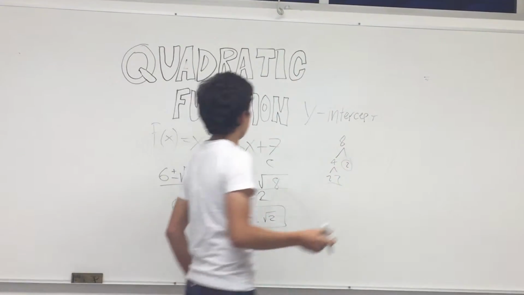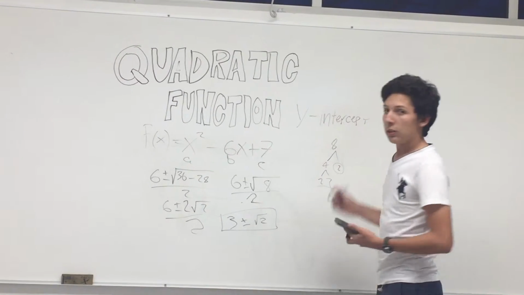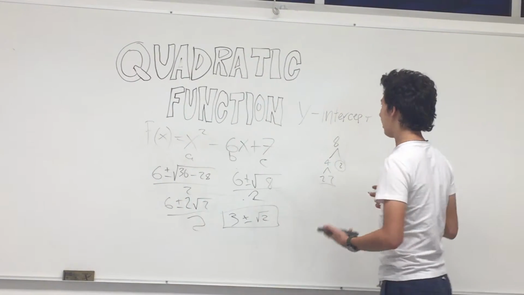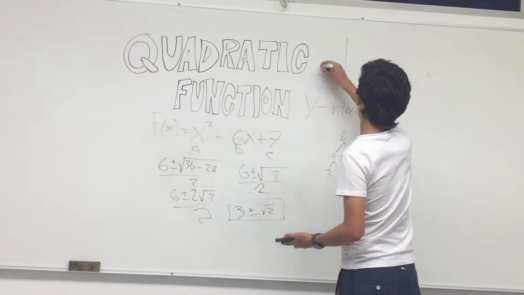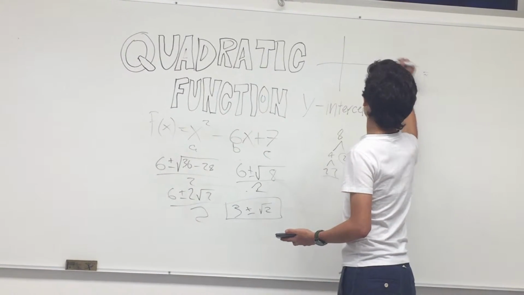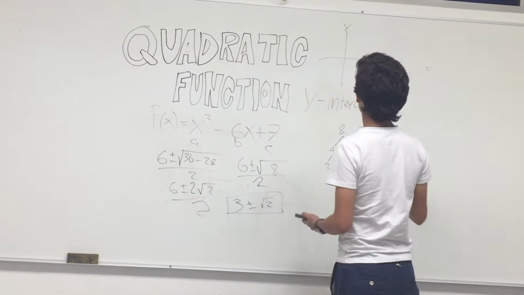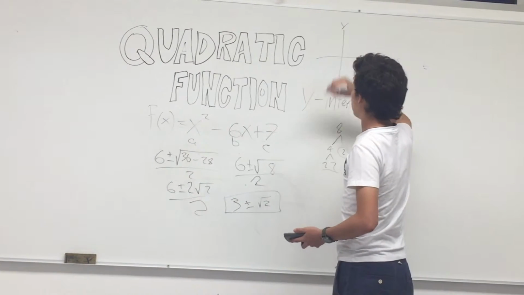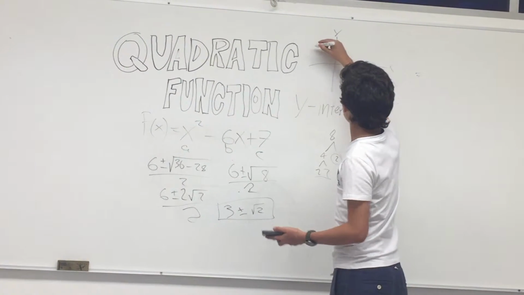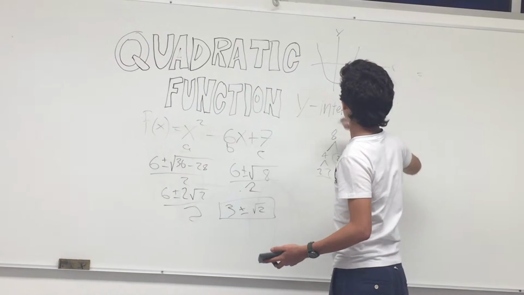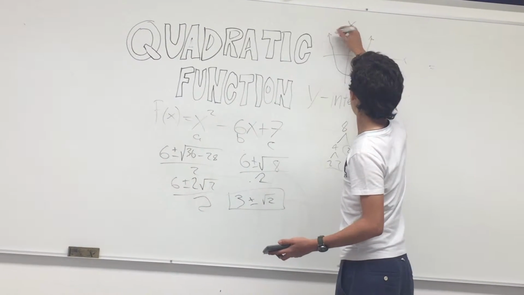And zeros are the points where the parabola touches the x-axis. Let's say this is the x, this is the y, and if we make a parabola something like this, it goes upward, it is positive.